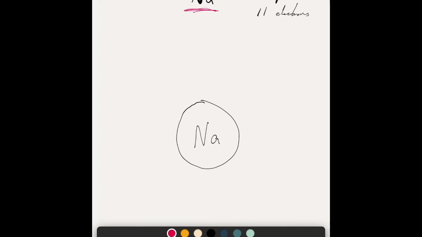And the answer to that is 2. So here I'm just going to draw 2. 1, 2. And I know that because I've got the 2, 8, 8 rule. That tells me that 2 electrons can fit on the first shell.